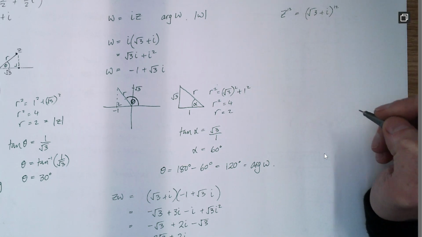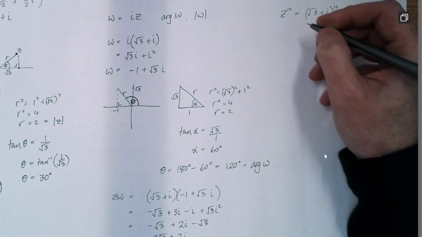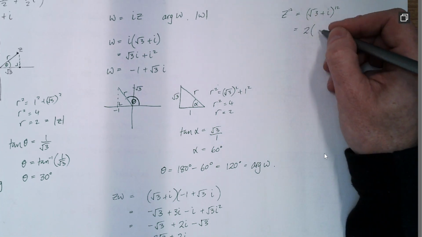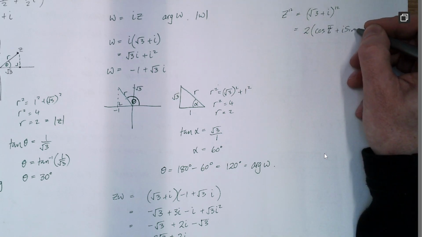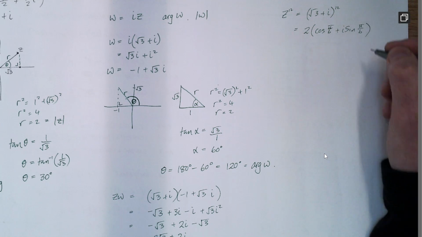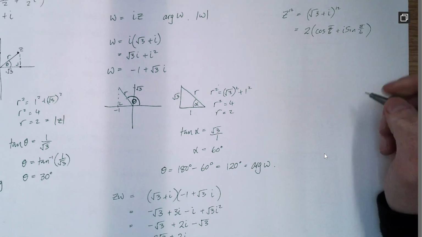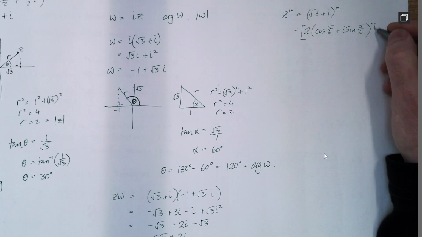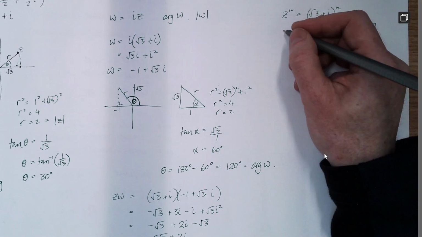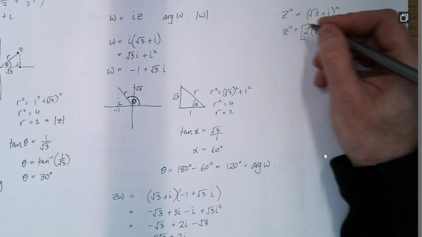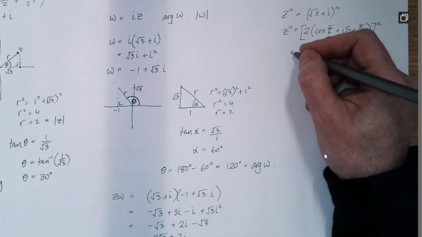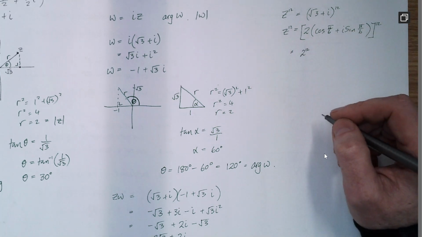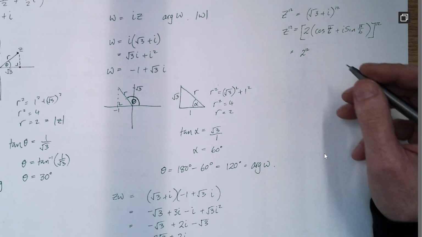Now with these, in polar form, it is 2 cos pi over 6 plus i sine pi over 6, to the power of 12, so 2 to the power of 12, which is massive.